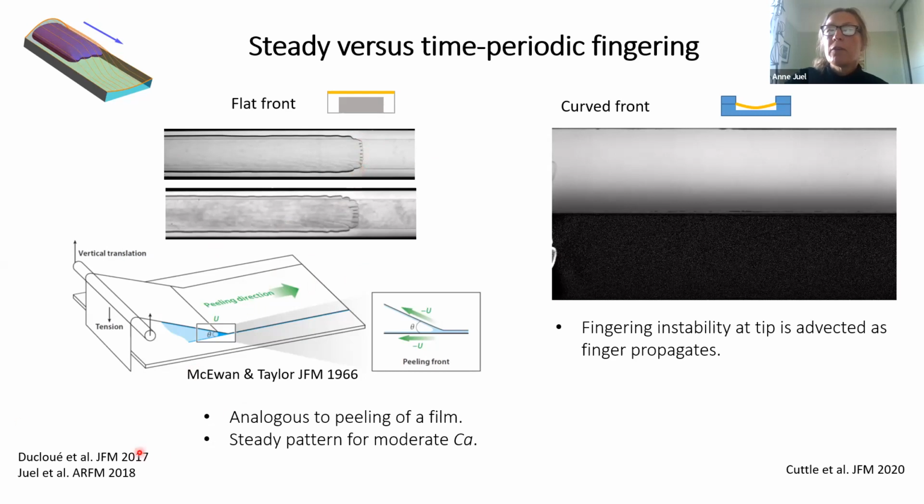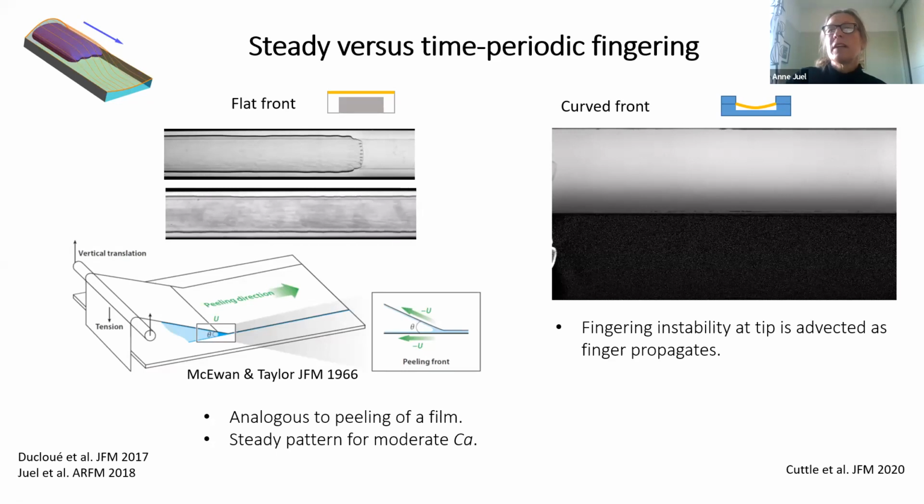This is very analogous to, say, the peeling of a film, where you get a steady pattern for moderate capillary number. The movie I've got is not quite as steady as that. There's some dynamics going on in there.